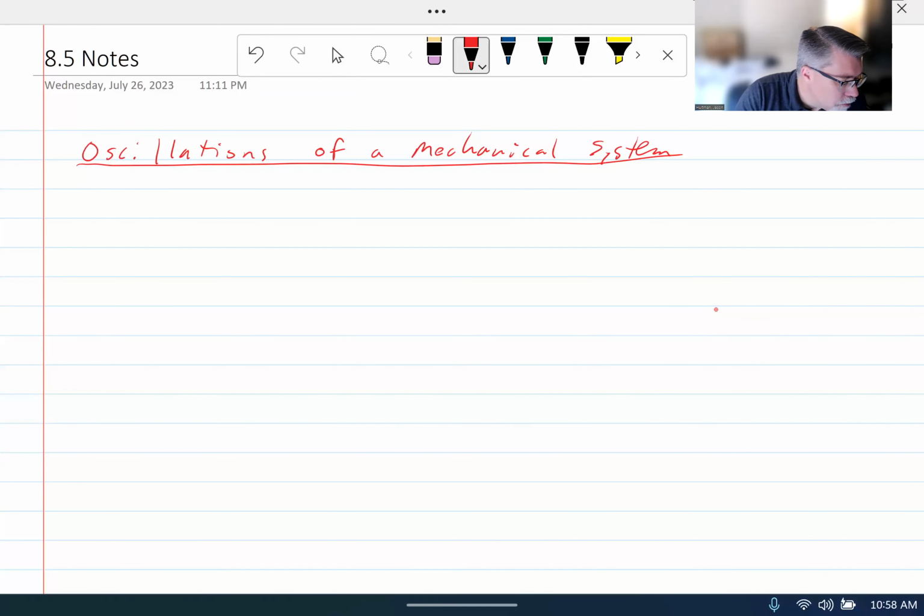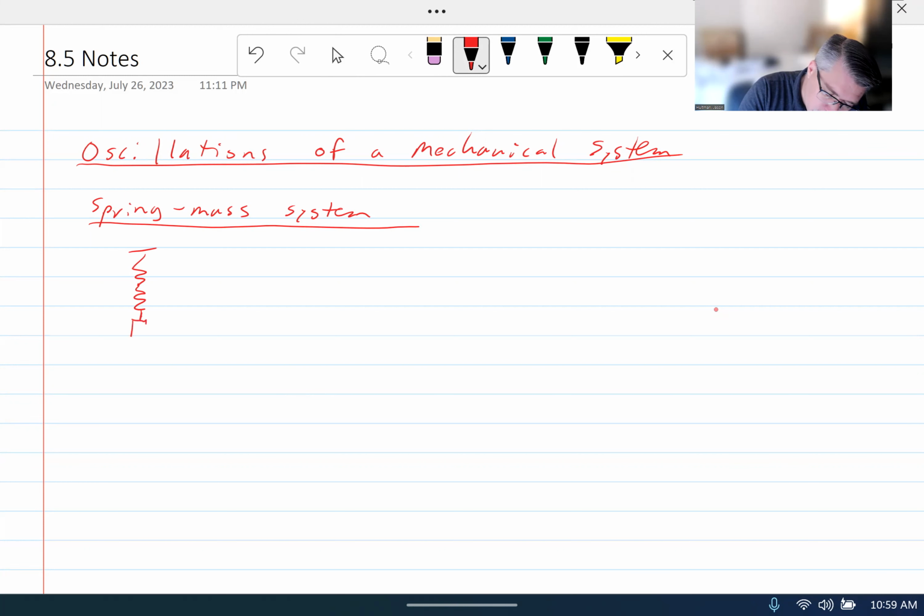Okay, so let's look at a spring mass system. If I have a spring, and then I have a weight on the end of that spring, and this is its natural length, we'll call this y equals 0.